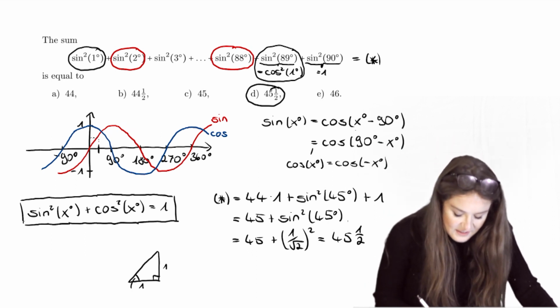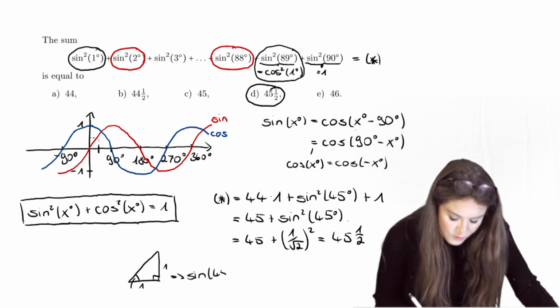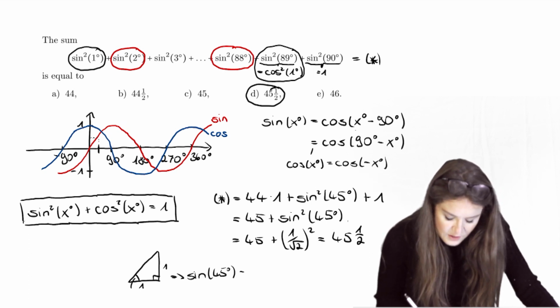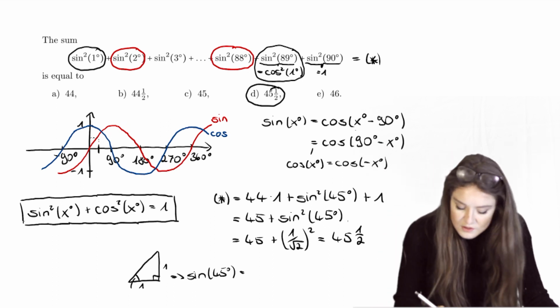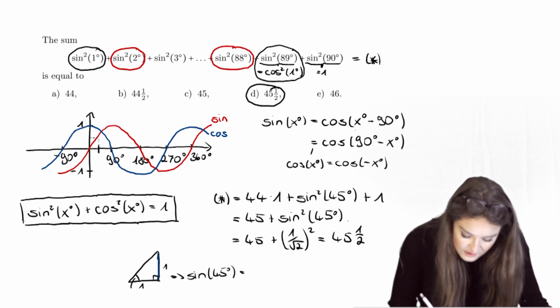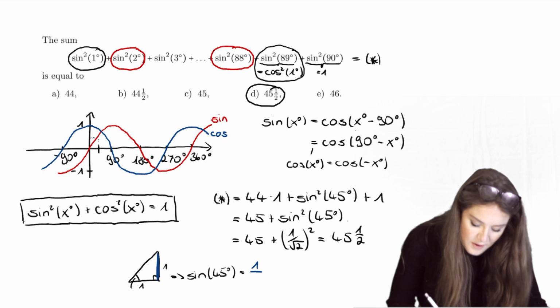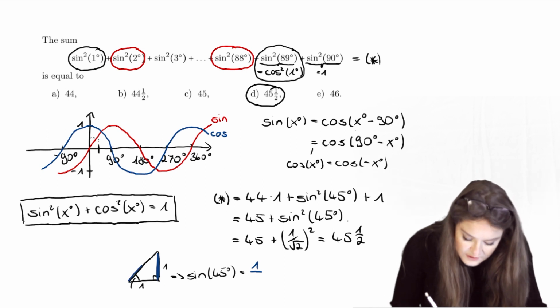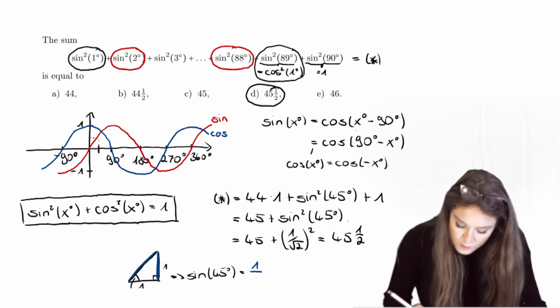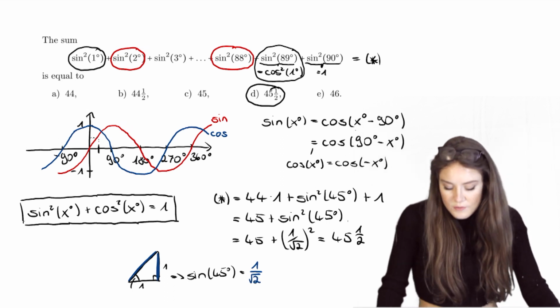And then the sine of 45 degrees is equal to the side length of this side here, which is 1, divided by the side length of this side here, which is, by Pythagoras, the square root of 2.